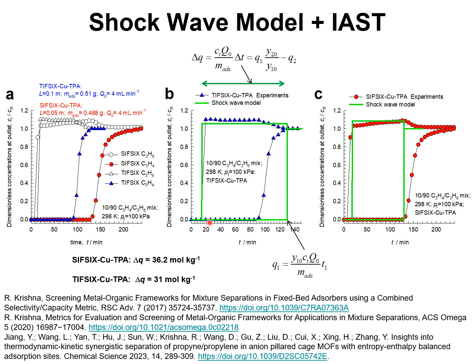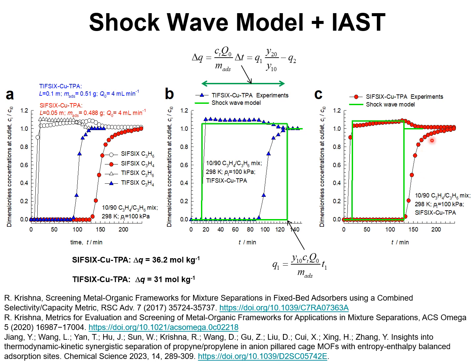For TIF6 copper TPA, the productivity determined from IAST is higher than the value determined from experiments. On the other hand, for CIF6 copper TPA, the productivity determined from the IAST is 36.2, whereas the productivity from the breakthrough experiments is determined to be 37.8, slightly higher.